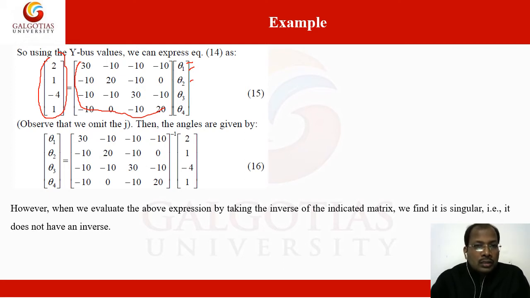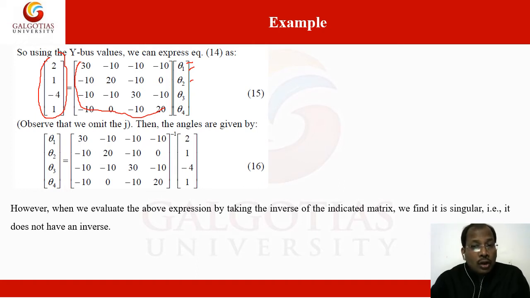We first have to take the inverse of this admittance or susceptance matrix. Then we can calculate simply, or we can first find the inverse value, or simply apply Kron reduction or LU factorization, or diagonalize this matrix.